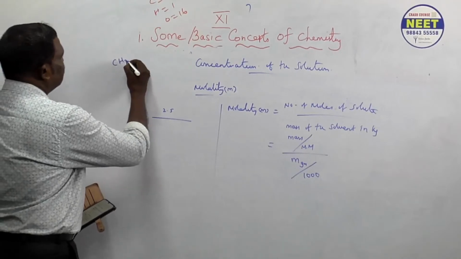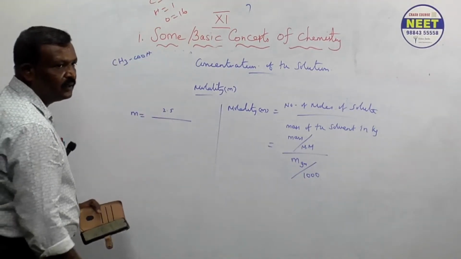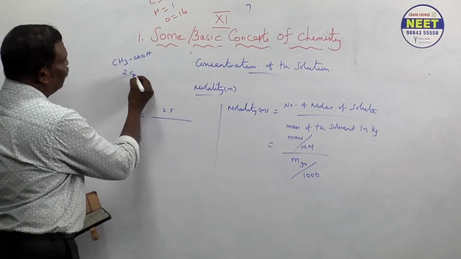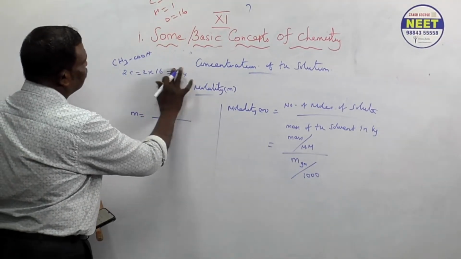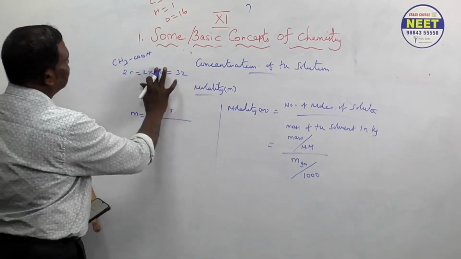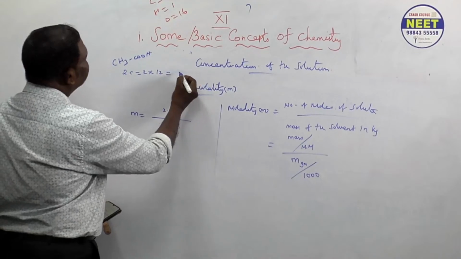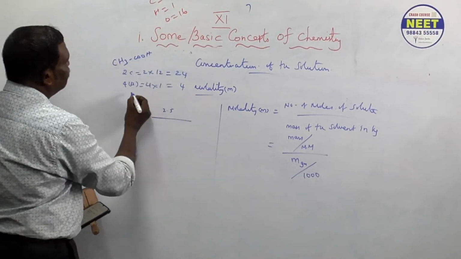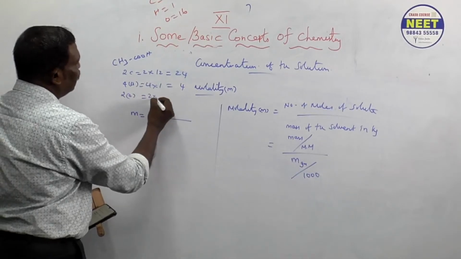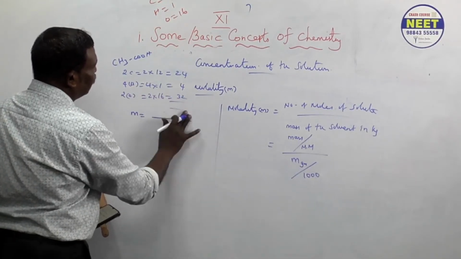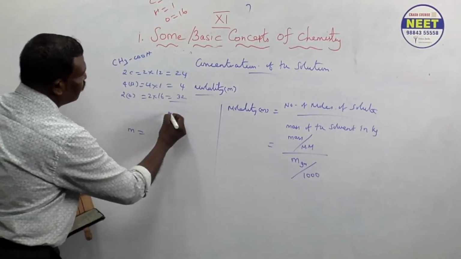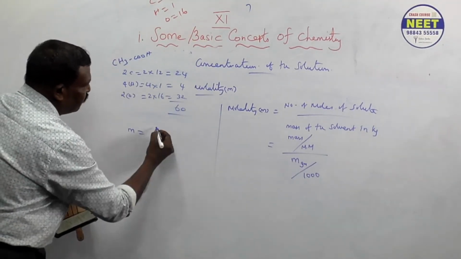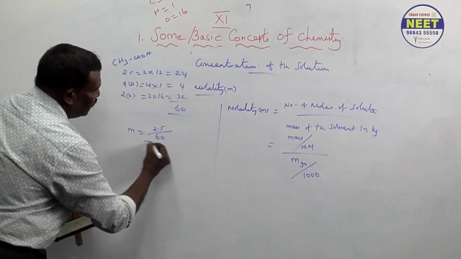We have to find out what this is. CH3COOH: 2 carbon, 2 into 12, 24. 4 hydrogen, 4 into 1, 4. 2 oxygen, 2 into 16, 32. When we add, we get 60. Understood?